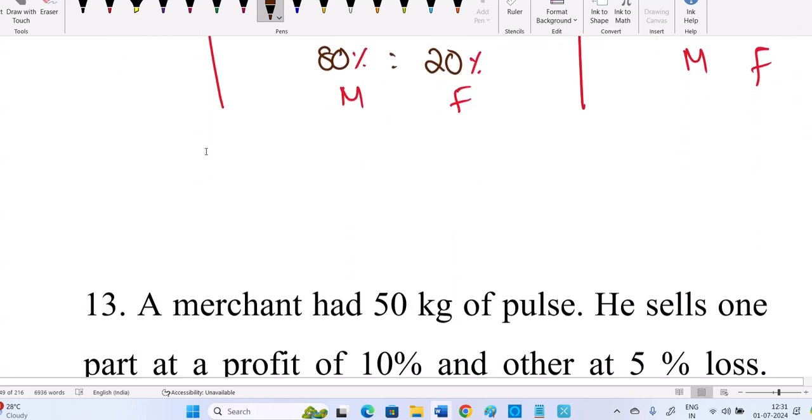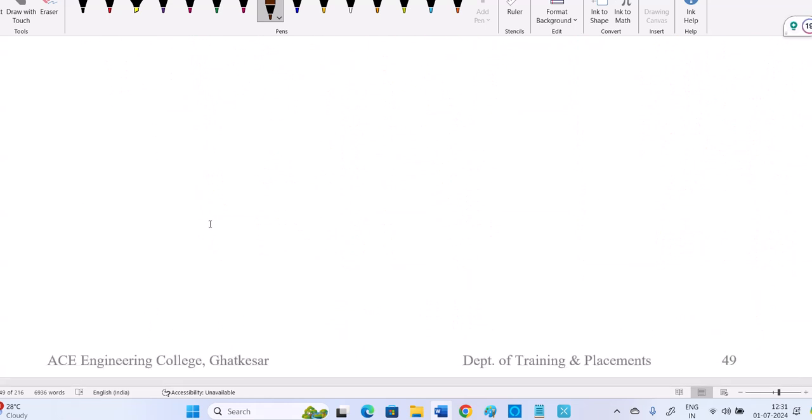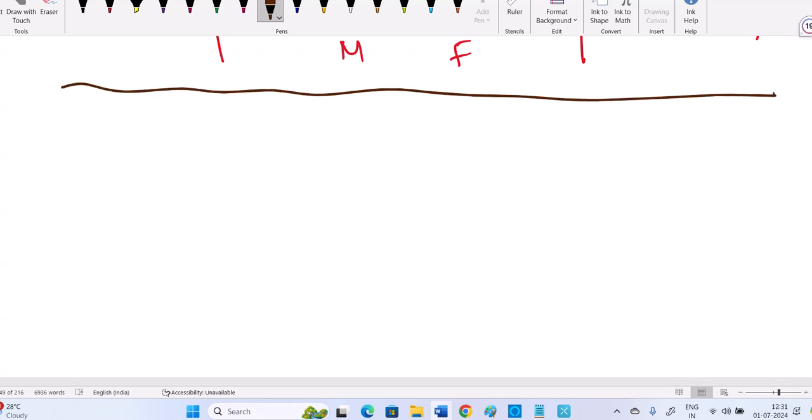Then what can be done? Averages. What is the average concept? Average is total divided by number of people, right? So here regarding salary, total employee salary is male salary plus female salary. Male salary plus female salary is equal to total salary.